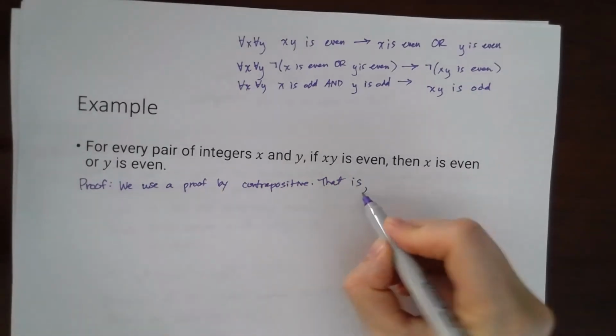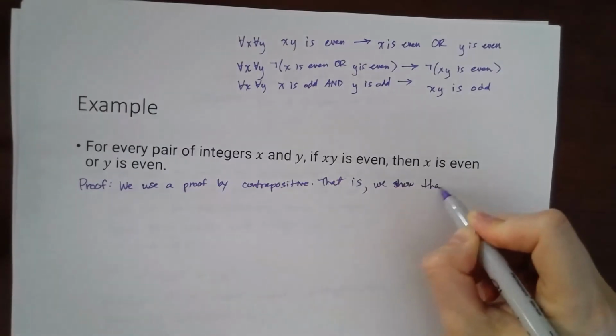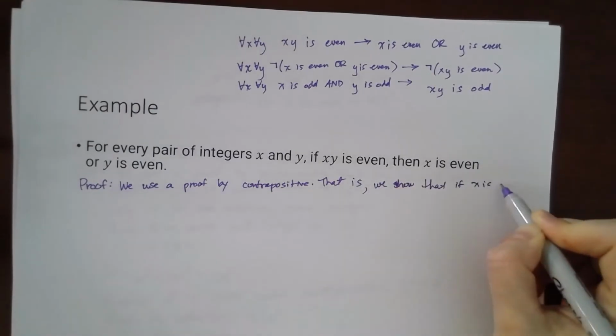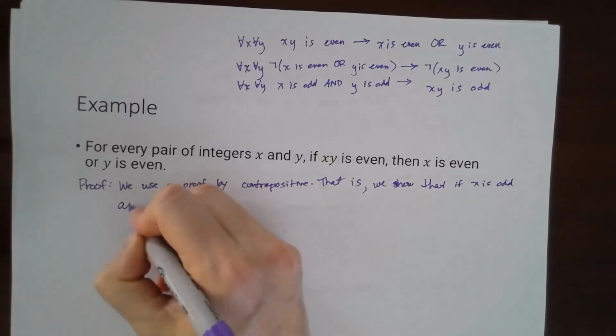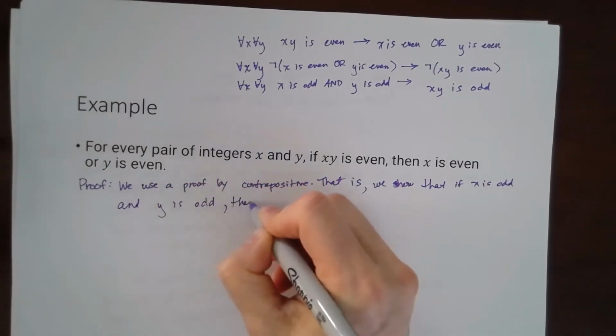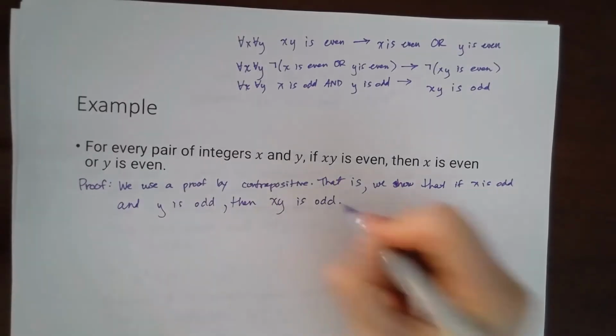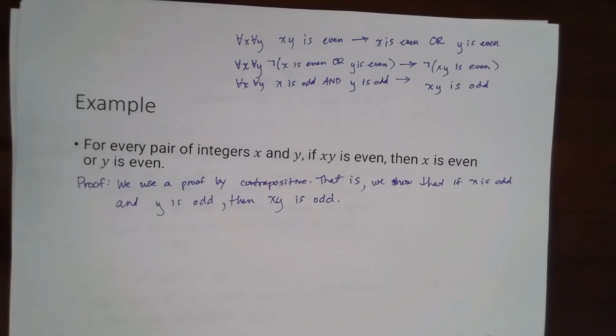Okay, so that is, we show that if x is odd and y is odd, then the product of x and y is odd. And then, basically, we're just doing a direct proof, right?